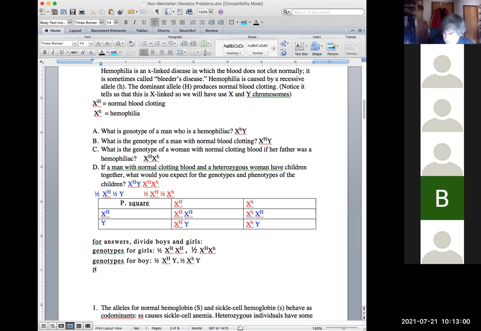So now let's think about the phenotypes for the girls. Well, if we look, this girl is X big H, X big H. This girl is X big H, little h. So they've all got a big H. So all the girls have normal clotting blood.